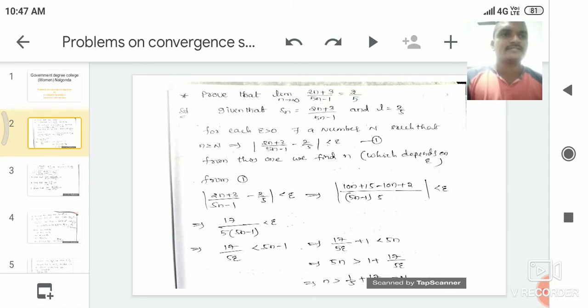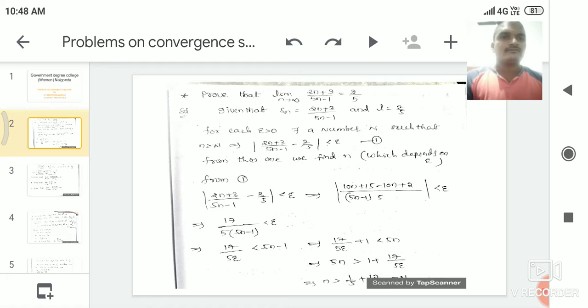Here in place of Sn we have (2n plus 3) by (5n minus 1) and L is 2 by 5. We substitute these, that is, mod (2n plus 3) by (5n minus 1) minus 2 by 5 less than epsilon.